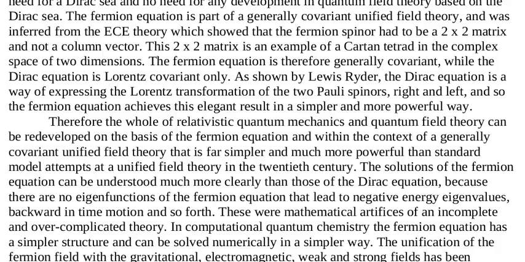The solutions of the Fermion equation can be understood much more clearly than those of the Dirac equation because there are no eigenfunctions of the Fermion equation that lead to negative energy eigenvalues, backward in time motion and so forth. These were mathematical artifices of an incomplete and overcomplicated theory.